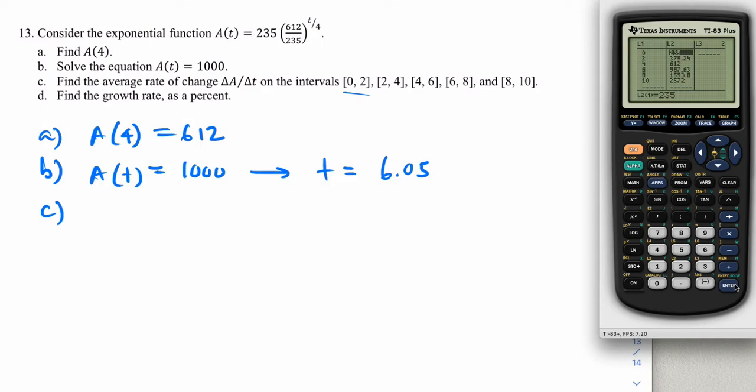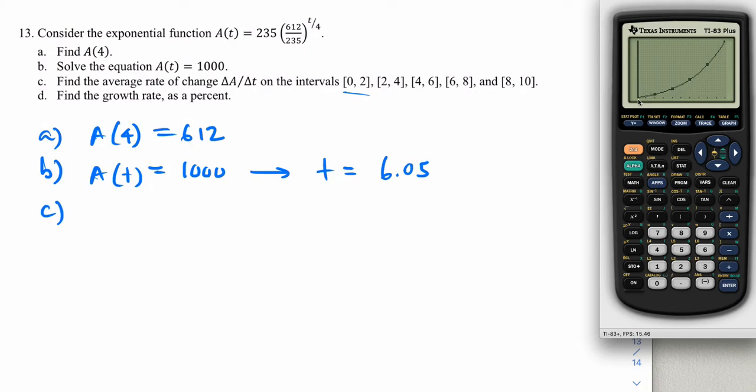It's not part of the procedure of getting the average rates of change right now, but I can go to y equals, turn plot 1 on. While I'm here, I'm going to get rid of that 1000, which I'm no longer using. So with plot 1 turned on and the model on, I can go back to that graph, which is on the interval from 0 to 10, and I can see the points that have been plotted.